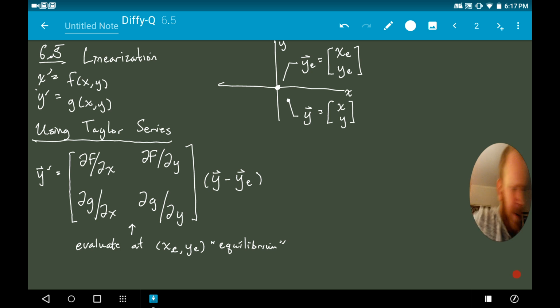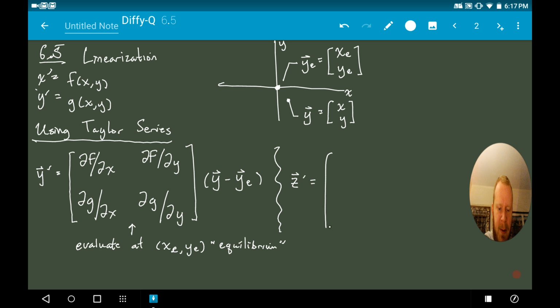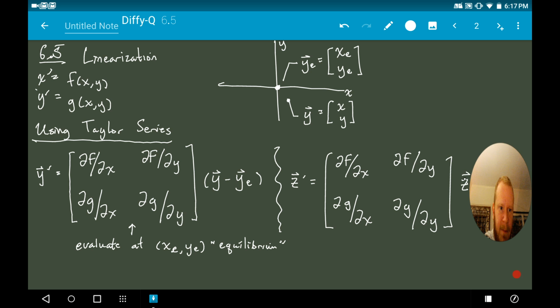I will say that your book will sometimes write this as the z vector. They'll call it the z prime vector is equal to everything that I just wrote: del f del x, del g del x, del f del y, del g del y, times the z vector.